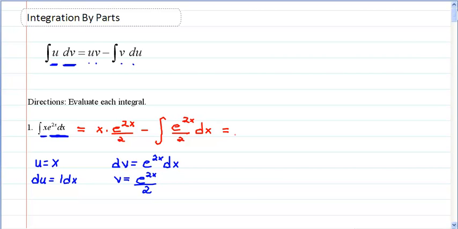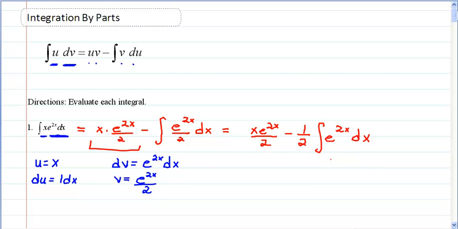and I'm going to write this first part here, this uv, as one fraction, x times e to the 2x over 2, and then I'm going to take out the constant of 1/2 in the integral. So the goal of using integration by parts is to get this integral part in a way that can be integrated.